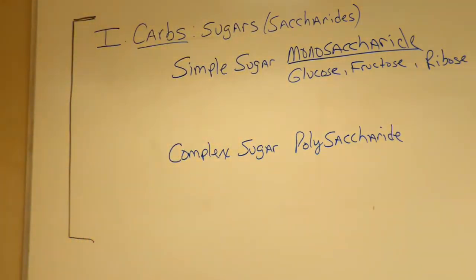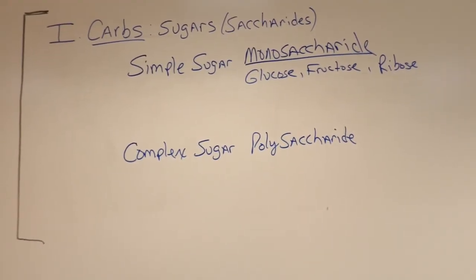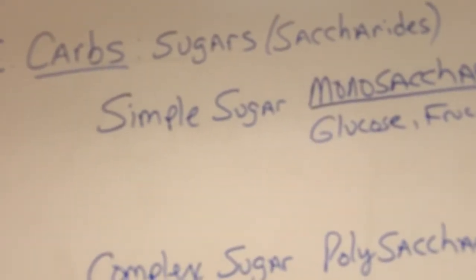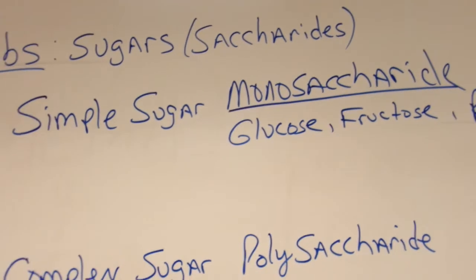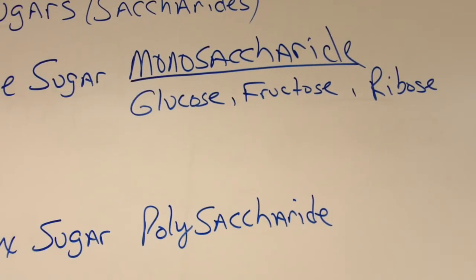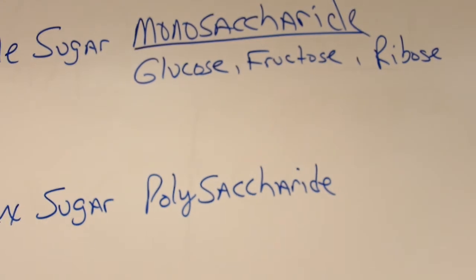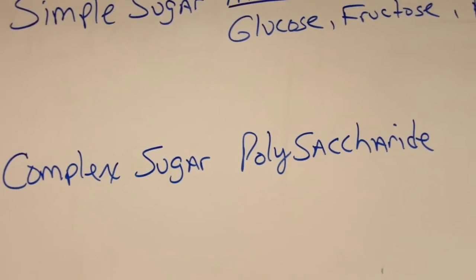Okay, let's zoom in a little bit. So carbs, sugars, also known scientifically as saccharides. Simple sugars are monosaccharides, such as glucose, fructose, and ribose. You can find those in your textbook. The most complex is a polysaccharide.